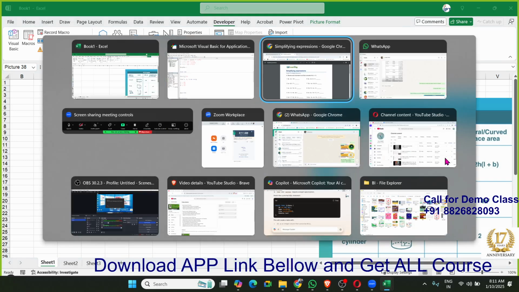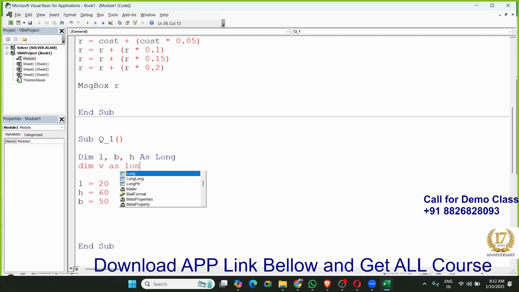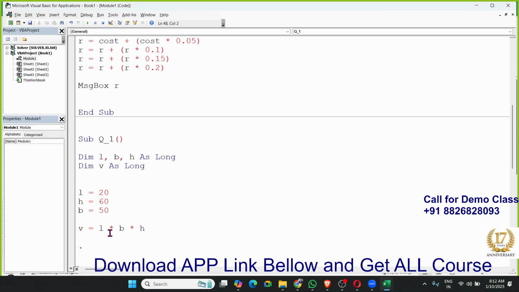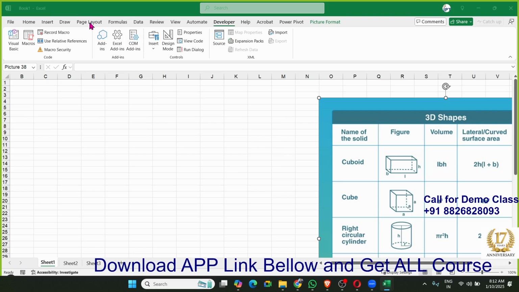So we define Dim V as Long, and V equals just multiplying them together. We have calculated the volume. You can also use a MsgBox and show V.